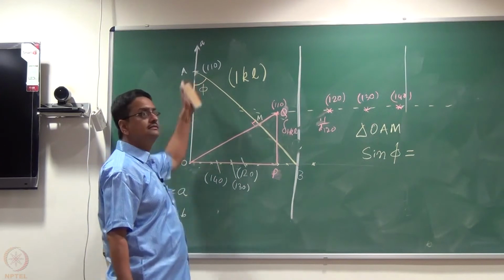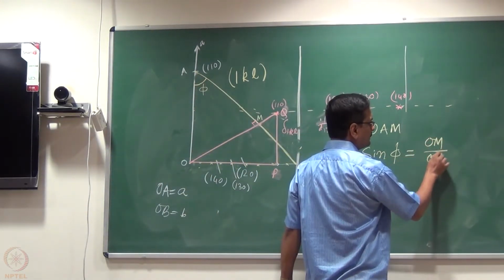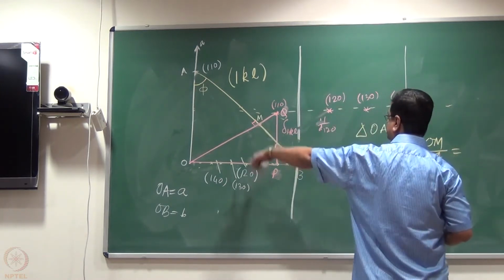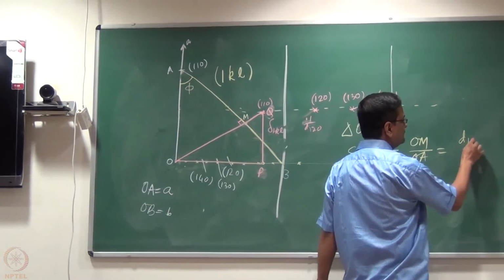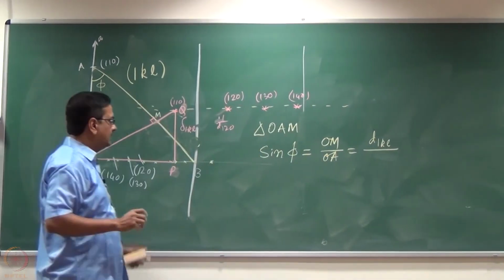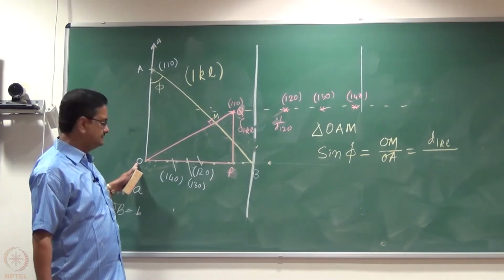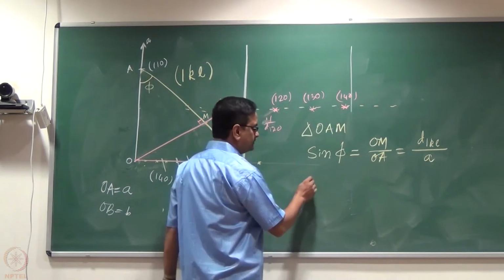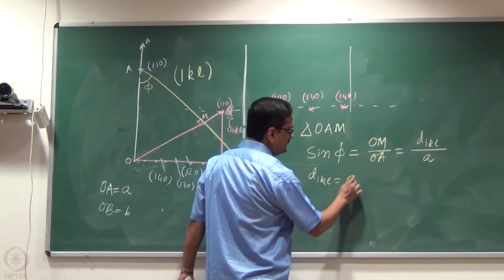OM by OA. What is OM? D1KL, right? And what is OA? Is A. So D1KL equal to A sin phi.